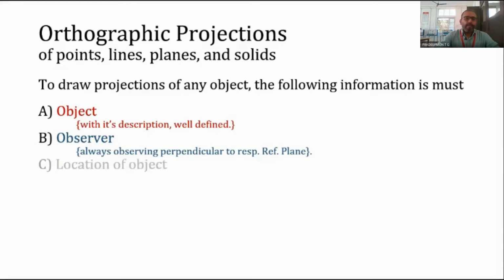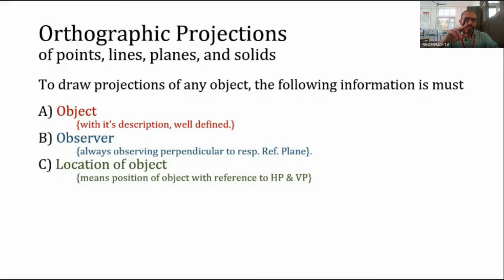Then the next thing is the location of the object, that is, where it is placed, the exact position of that particular object. The position of the object is given with respect to the HP as well as the VP. With reference to the VP and HP, we have defined four different quadrants, so the location of the object can be in any of the four quadrants.